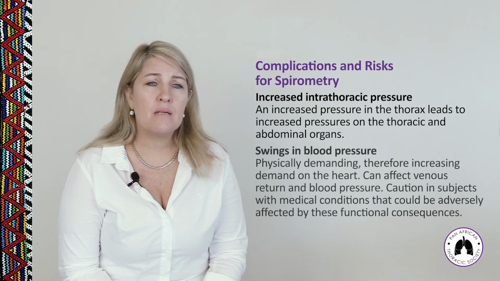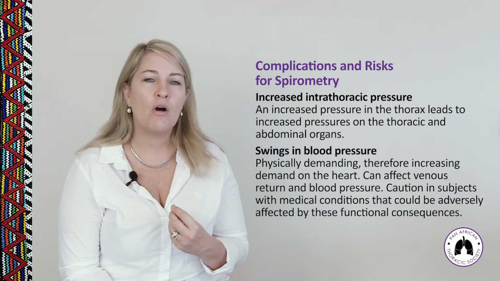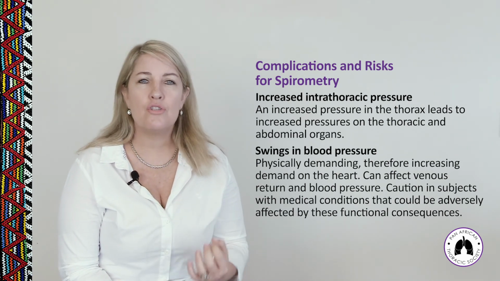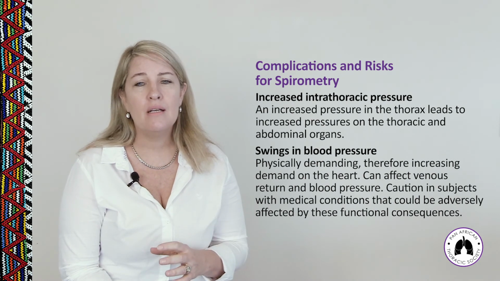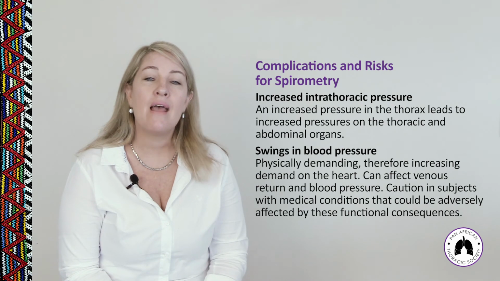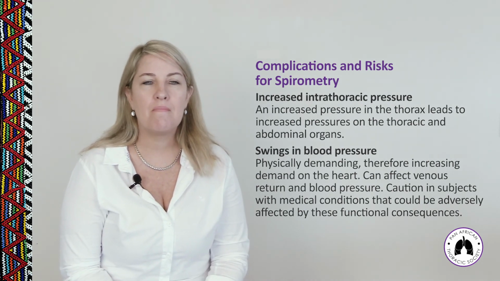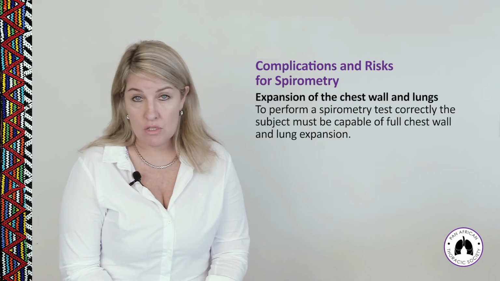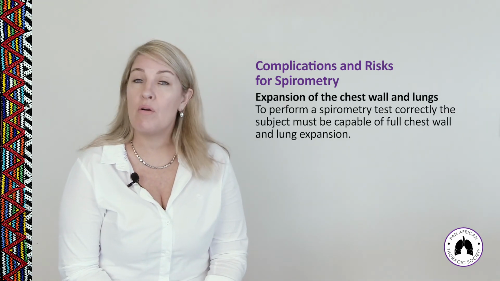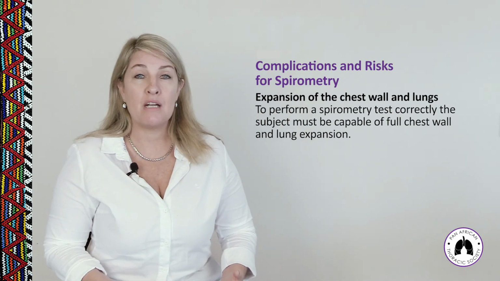Spirometry will cause swings in blood pressure because it's physically demanding. So therefore, there's an increased demand on the heart. This can in turn affect venous and blood pressure. And therefore, you need to be cautious in subjects with medical conditions that can be adversely affected by these functional consequences. Expansion of the chest wall and lungs. So to perform a spirometry correctly, the subject must be capable of a full chest wall and lung expansion.